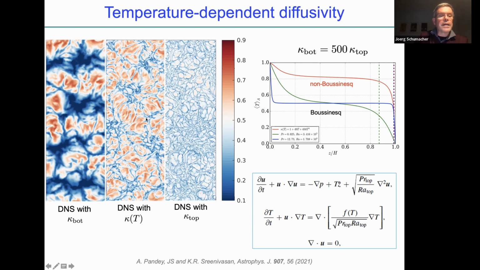Here you see the structures, and there are two Boussinesq simulations which we have run for comparison. One corresponds to the diffusivity at the bottom, and one corresponds to the diffusivity at the top. And across the layer, we varied this thermal diffusivity by a factor of 500.